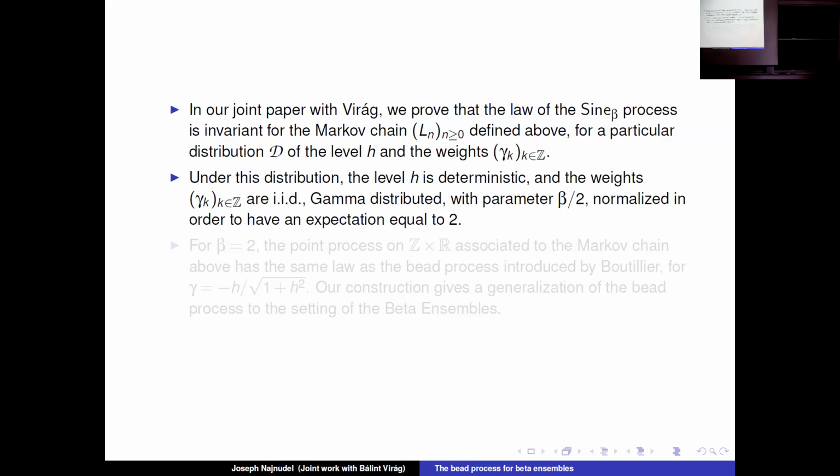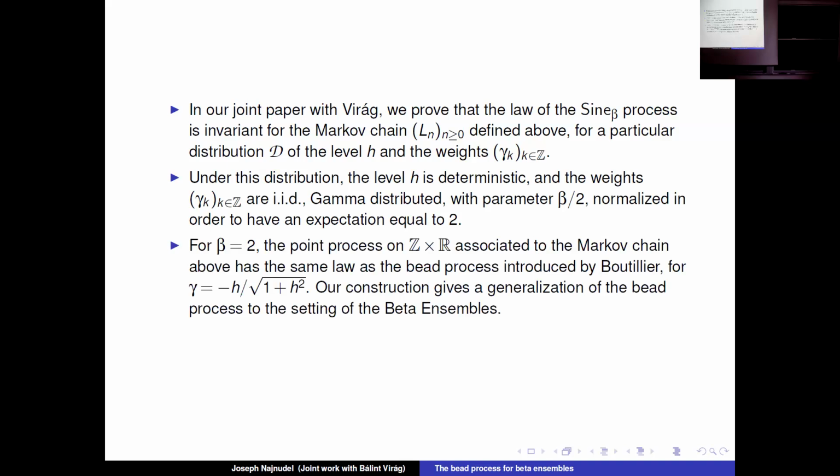So with a normalization of the weights. And for beta equals 2, in fact, the point process associated to this Markov chain has the same law as the bead process introduced by Boutillier for a certain parameter gamma, a function of h. So it means that our construction generalizes the bead process to general values of beta.